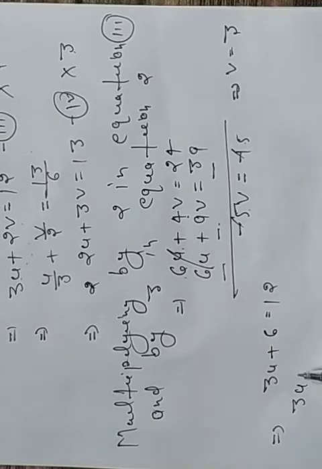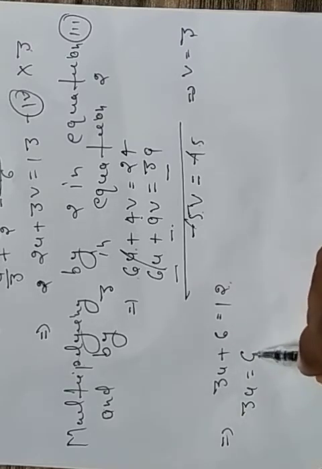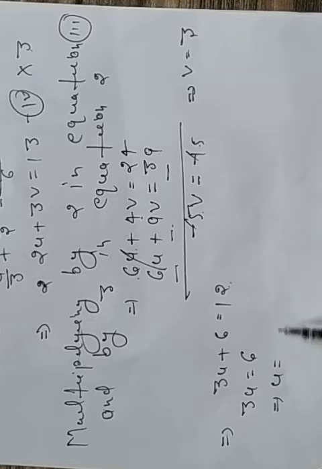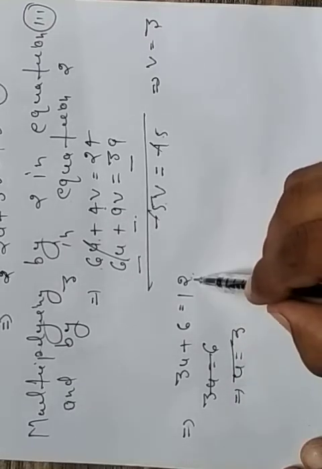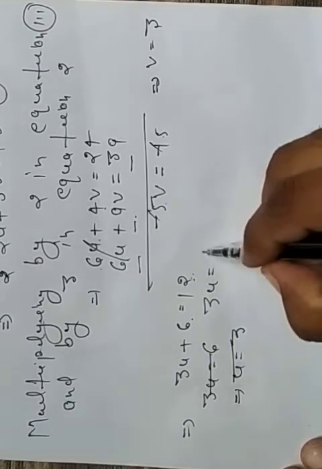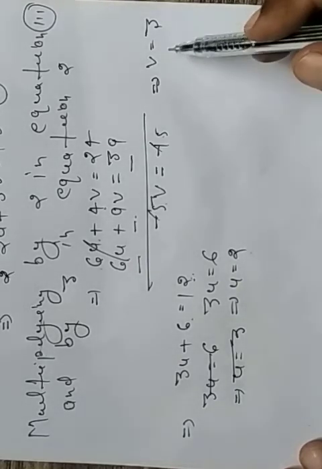This implies 3u is equal to 12 minus 9... Now students, see, I made one mistake here. 12 minus 6 is equal to 6, so 3u is equal to 6, which implies u is equal to 2. Now the value of u is equal to 2 and v is equal to 3.